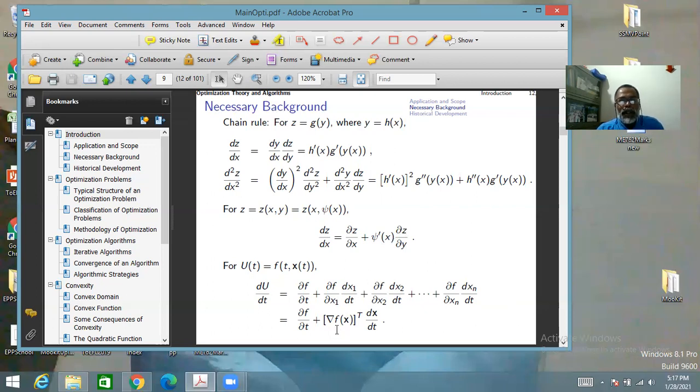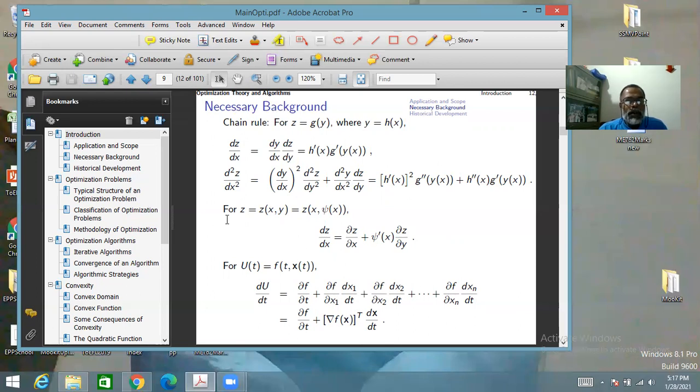Because x has several coordinates, x1, x2 up to xn, with respect to all of those you have to bring in the derivatives and put them properly in place. And this entire thing from here to here is actually the gradient transpose dx by dt. So this is a vector transpose, that is gradient transpose, and this is the derivative of a vector function with respect to a scalar variable, right?